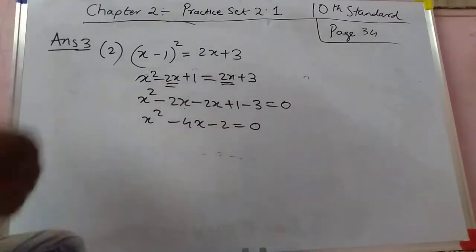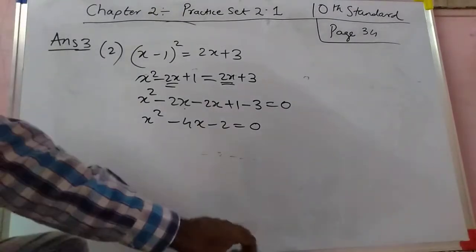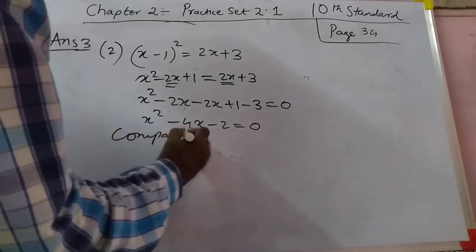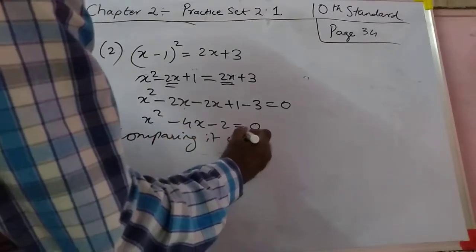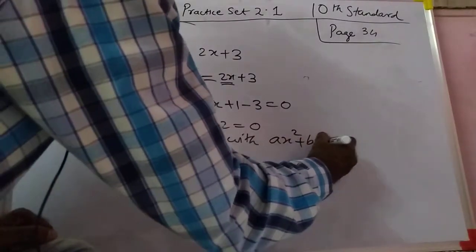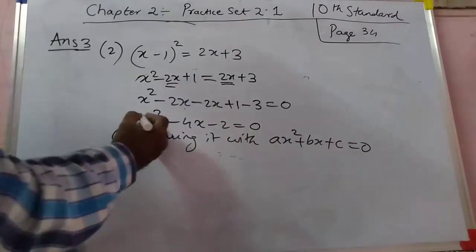अब इसको कंपेयर करेंगे with standard form. Okay, so comparing it with ax square plus bx plus c is equal to 0. What do you get for a?